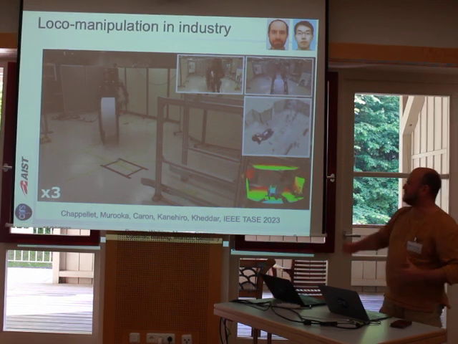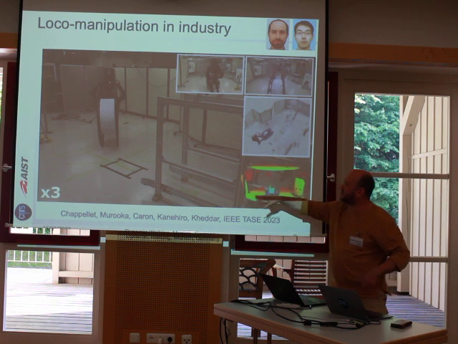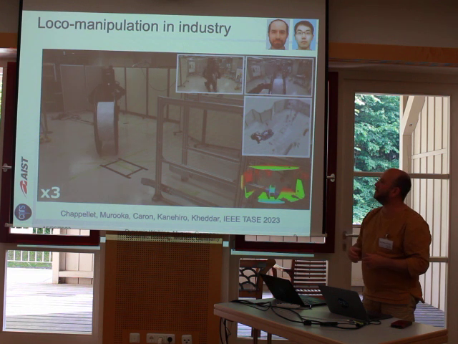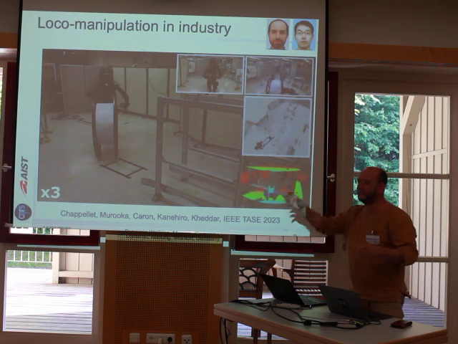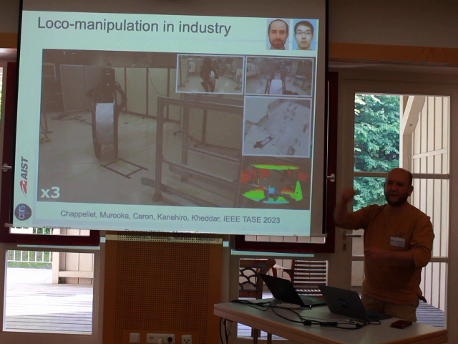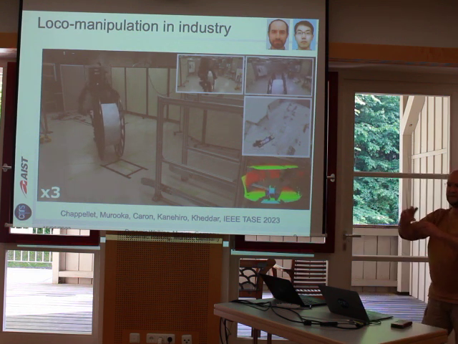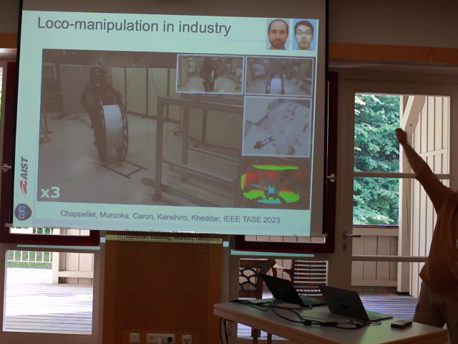This benchmark is given by an industry. We have to roll these bobbins of 120 kilos with a humanoid and put them inside, then unroll them, take the bobbin and the intercalary, which is a deformable thing, and pass it somewhere.